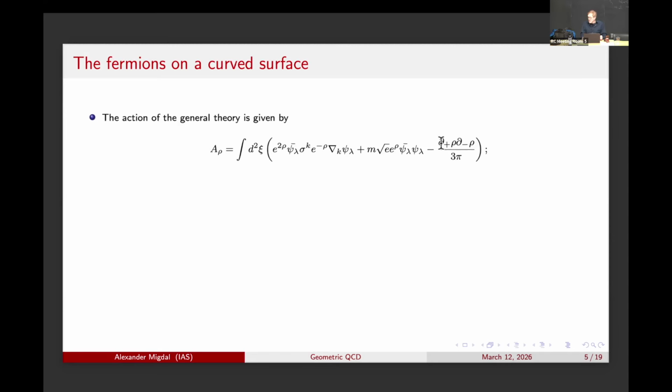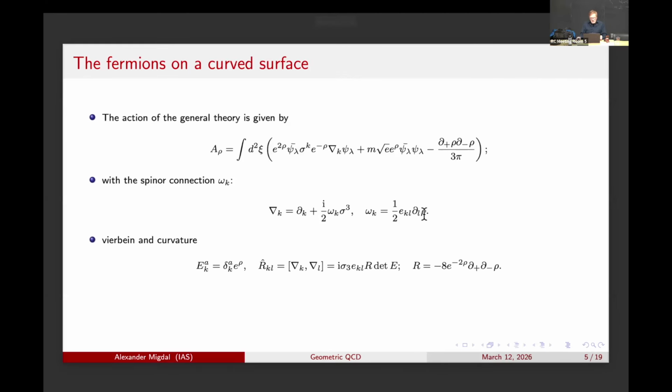So, these covariant derivatives are ordinary derivatives plus spinor connections times sigma 3. And spinor connection is just the two-dimensional curl of this rho. And that is a standard thing for two-dimensional geometry. It's a textbook thing. So you use Einbein, and then there's the curvature tensor, which is the covariant commutator of the derivatives.